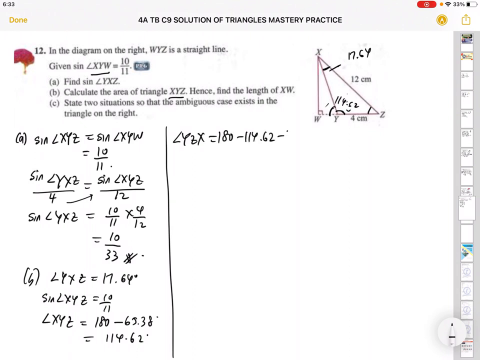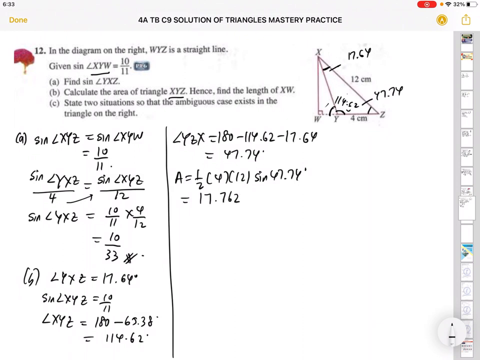I've got 47.74. Okay, so if I know this is 47.74, I can just use area of triangle, half ab sine C. a is 4, b is 12, sine 47.74, and my answer is 17.762, right? This is cm squared. And lastly, I need to find the height, the length of XW.